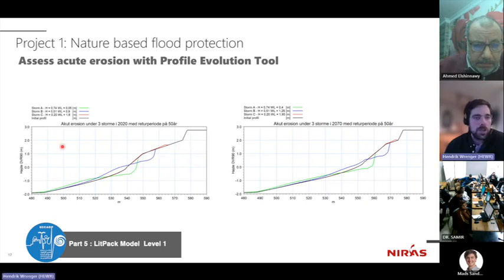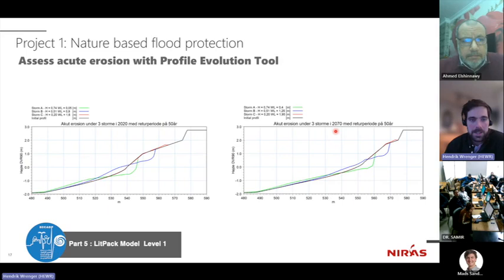And for that, there were, in that case now, 3 storms selected with a slightly different direction. The initial profile, and then the response to those 3 storms in green, blue, and red. And then actually here the same was done once in 2020 as a reference year, and then also in 2070.